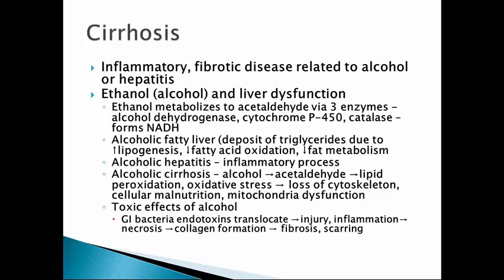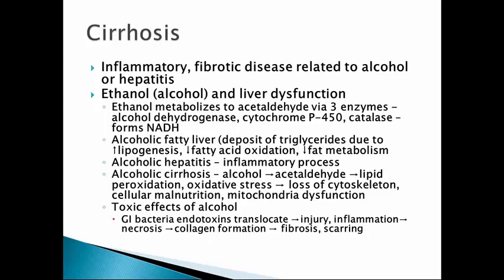With alcoholic cirrhosis, this is due to the negative effects of alcohol and the metabolism of that alcohol to acetaldehyde. The acetaldehyde, which is produced by partial oxidation of alcohol by that alcohol dehydrogenase, then leads to lipid peroxidation.